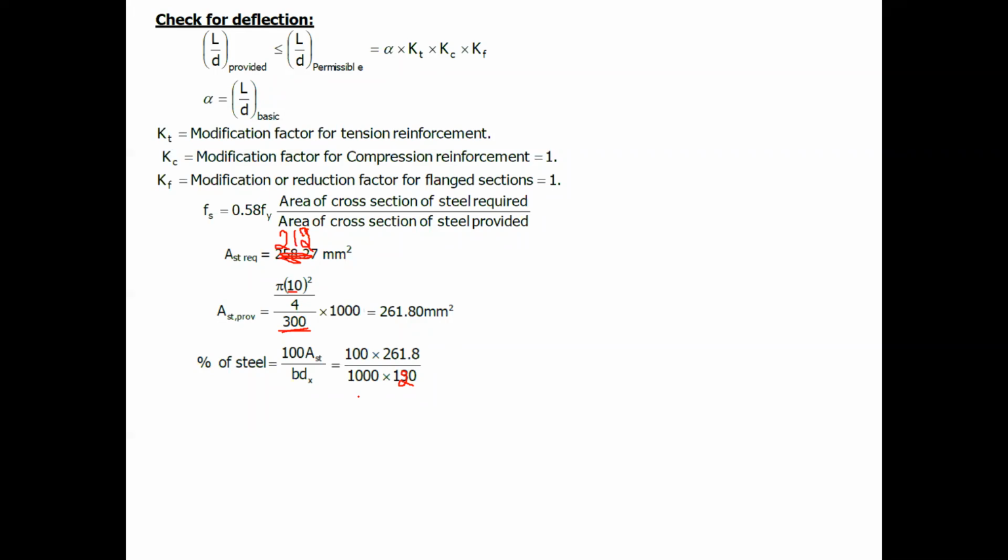So what is the answer you are getting? 0.2181. Okay, it is 0.21. So you have the percentage of steel now. Now you have to calculate the FS value, right? Refer to figure 4 from IS 456. So calculate the FS value.